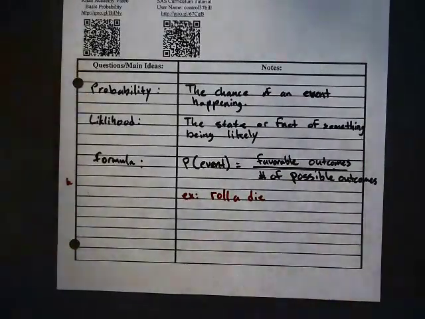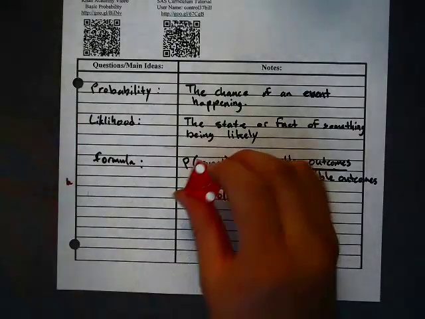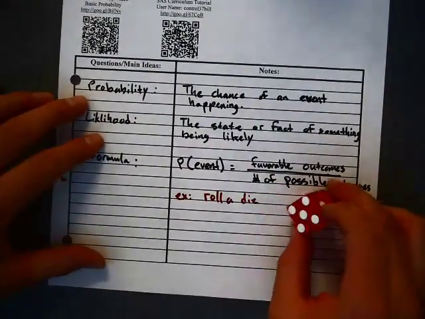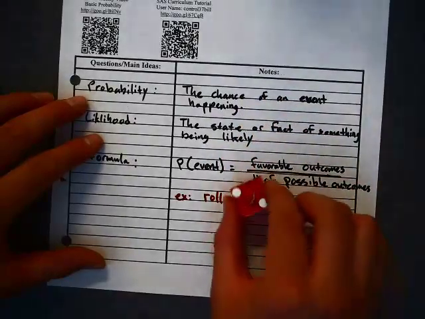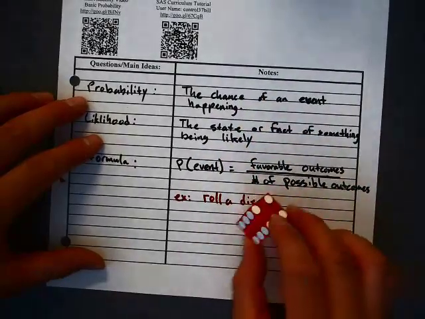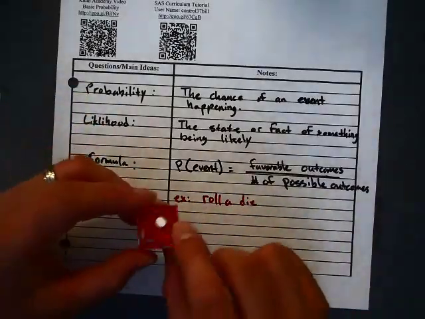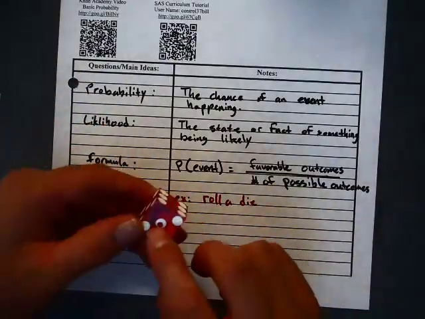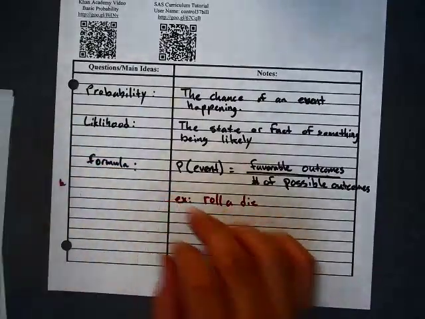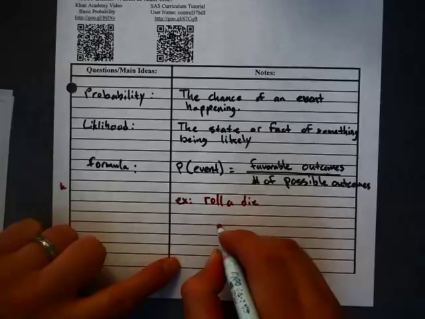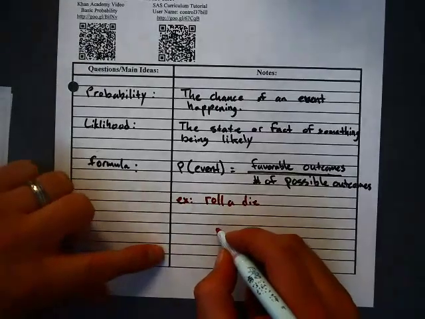That's how you say one dice. How many total number of possible outcomes are there on a dice? There's 1, 2, 3, 4, 5, and 6. So that's the total possible outcomes.